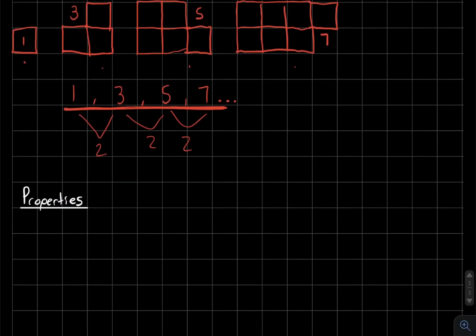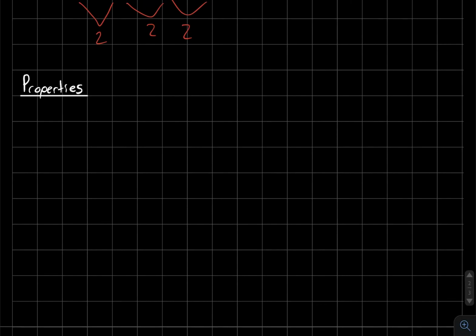So the one that I want to talk about now is slightly different. We know that there's a common ratio between all of the terms. But that common ratio could take on many different values. Let's consider this sequence. Let's say we have 2, 6, 18, and so on.